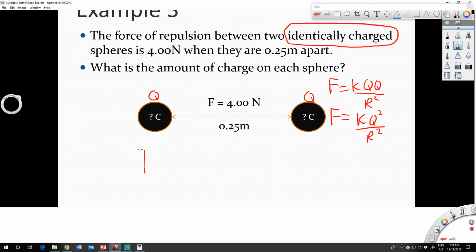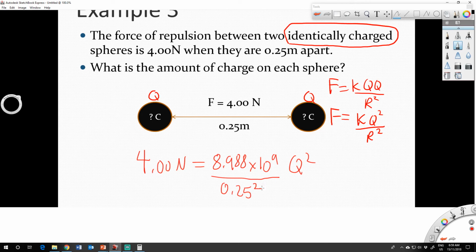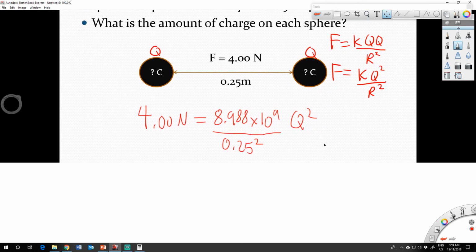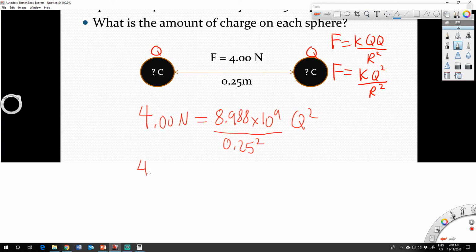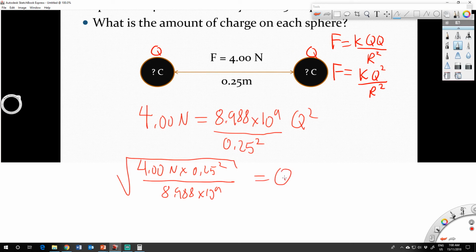The force was 4.00 newtons, Coulomb's constant, not the gravitational constant, times Q squared, all divided by 0.25 squared, since they are separated by 0.25 meters. Rearranging, we have 4.00 newtons times 0.25 meters squared divided by 8.988 times 10 to the 9, and then we square root all that to get Q.